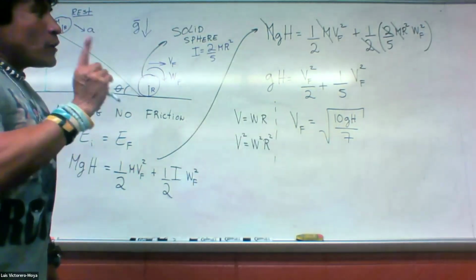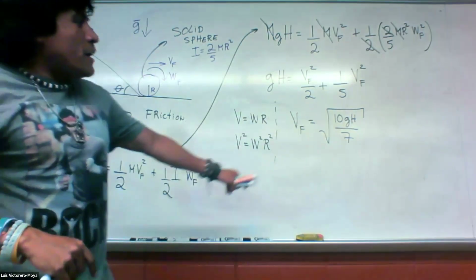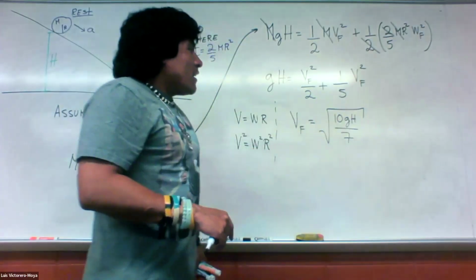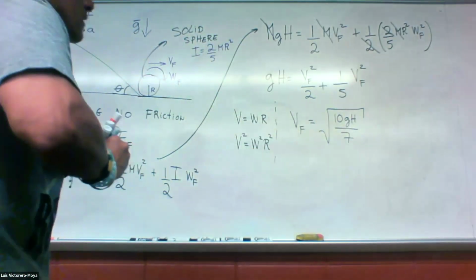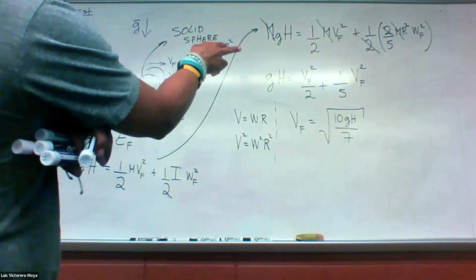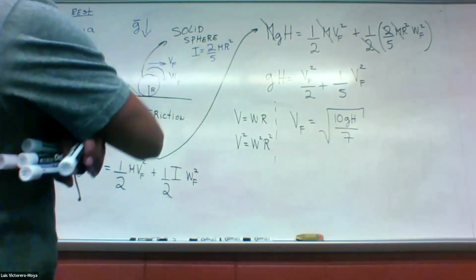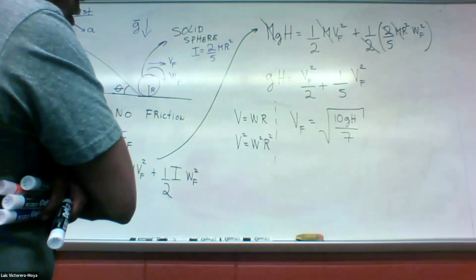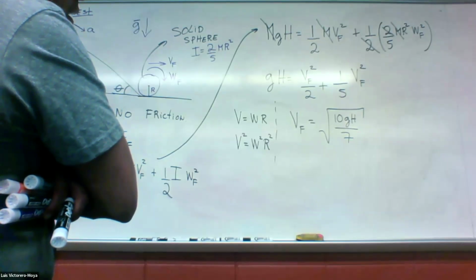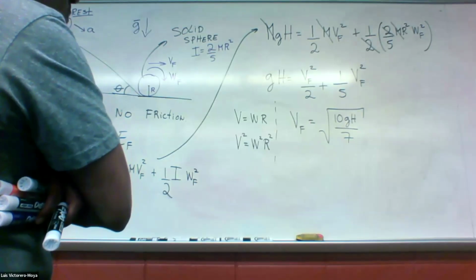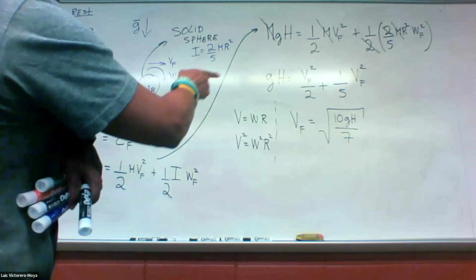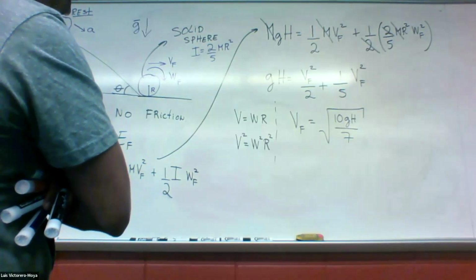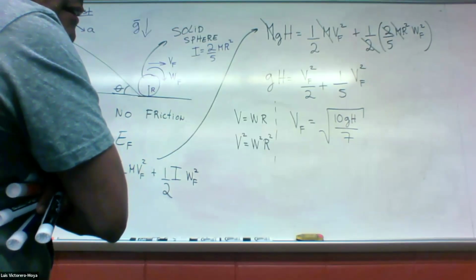If I were to ignore the rotation, it would be the square root of 2gh. Now it is less than that, because the rotation takes an extra kinetic energy factor, which changes your value of the final velocity, or in this case, the final speed. And as you remember, that is a more accurate value because the body is rotating and translating.